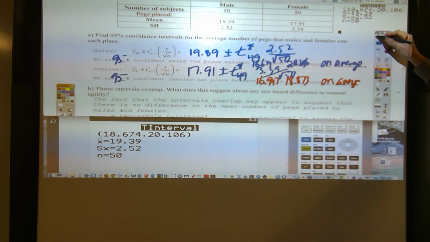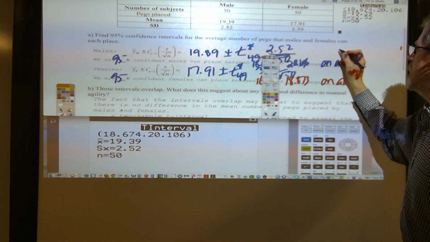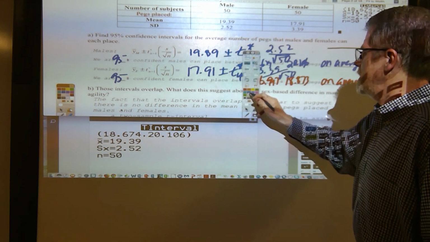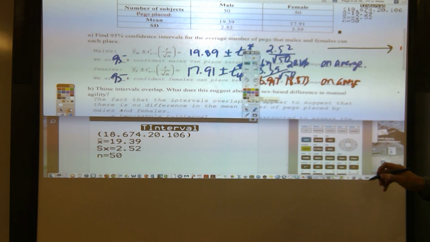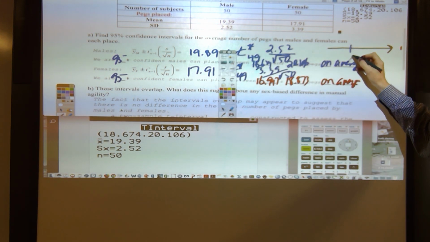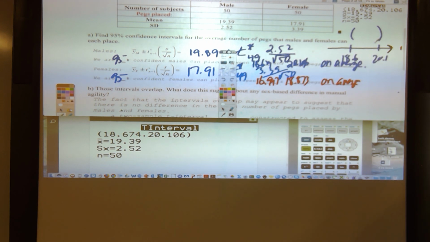Now, notice that if you were to place these confidence intervals together on a number line, for the males, I'm going for blue on the males, so that'd be 18.6 to 20.1. So there's the confidence interval for males.